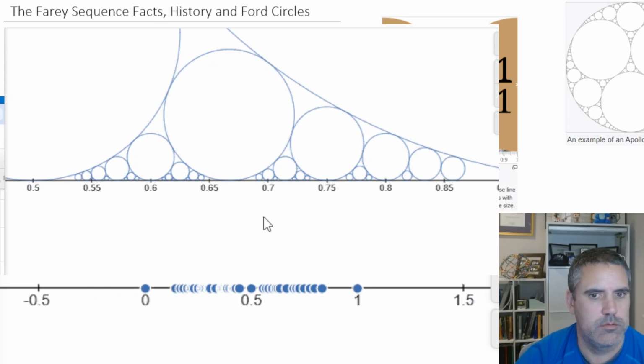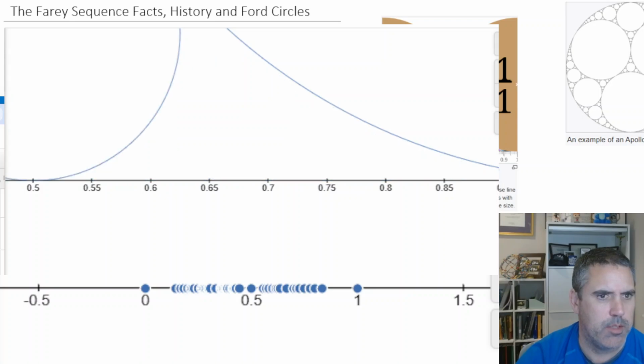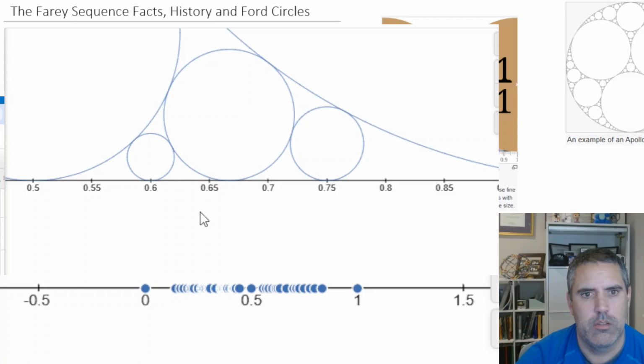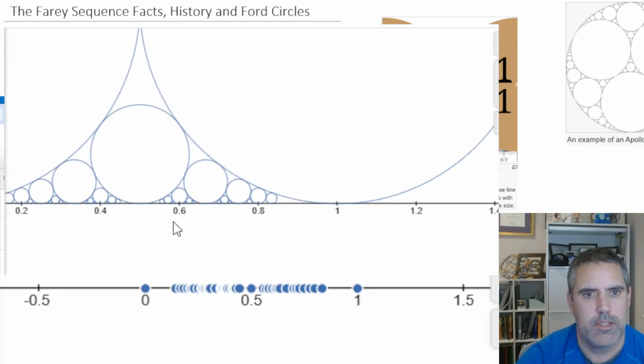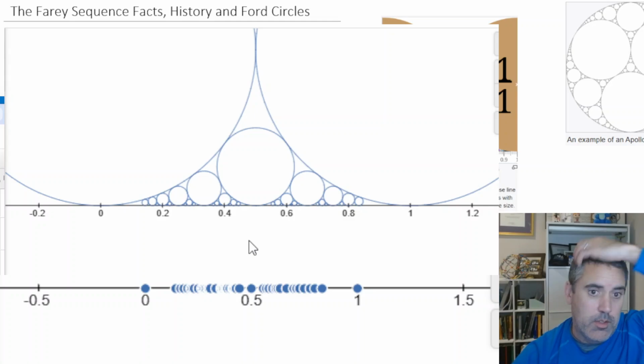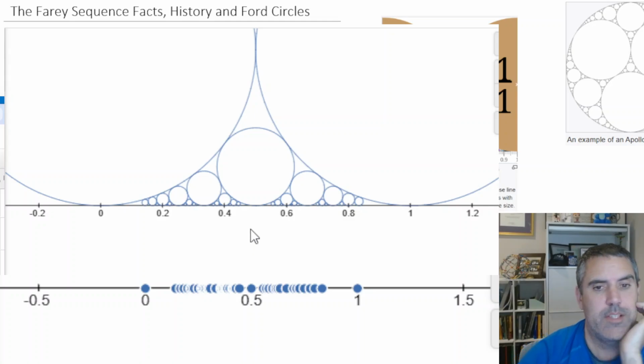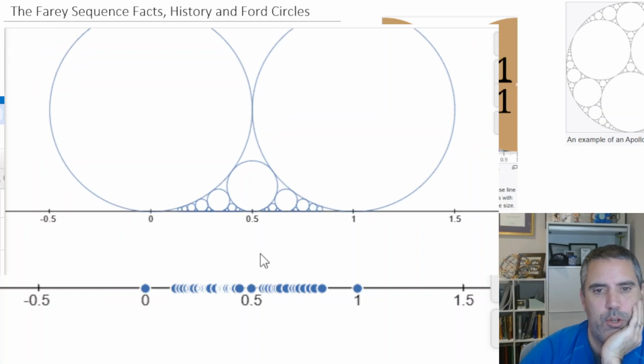So that's pretty cool. Maybe I'll reset it so you can see it in action. It's drawing so many that it has trouble keeping up, but there we go. And then it keeps drawing. So I thought that was pretty interesting if you've never seen that before.